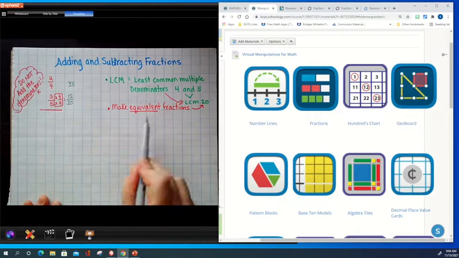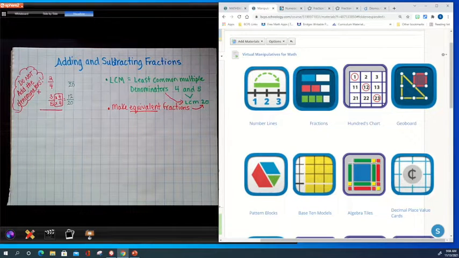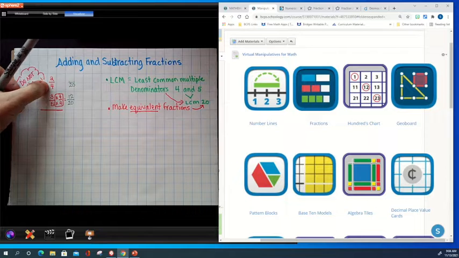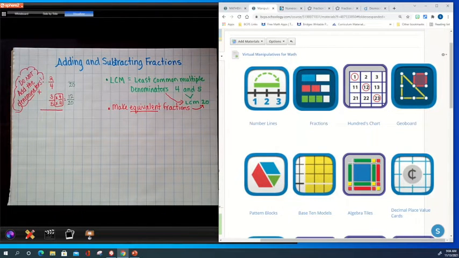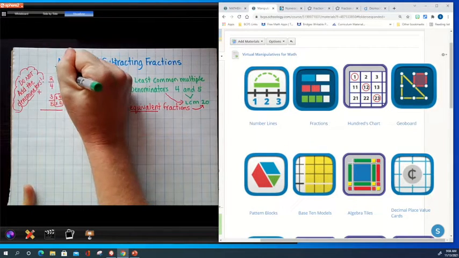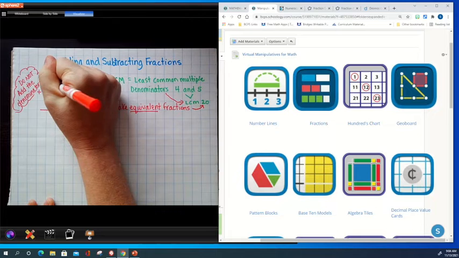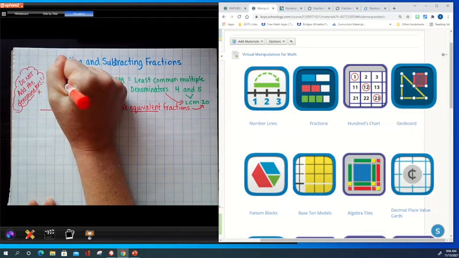Same thing, they're equivalent. Now I'm going to do the same thing to my fraction up top here, 2/4. Some of you might have realized that 2/4 is equivalent to a half. So I already kind of know that my numerator is going to be 10 because 10 over 20 is a half. But if you want to do the math, just to double check, 4 times 5 is 20.